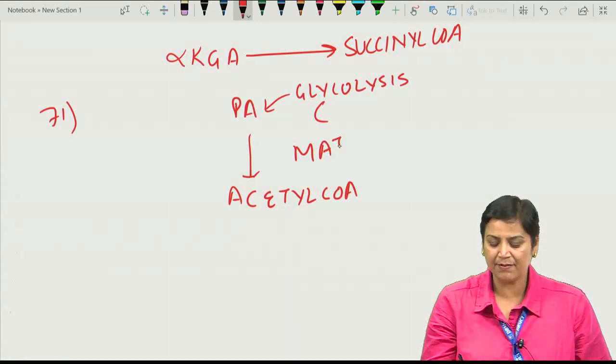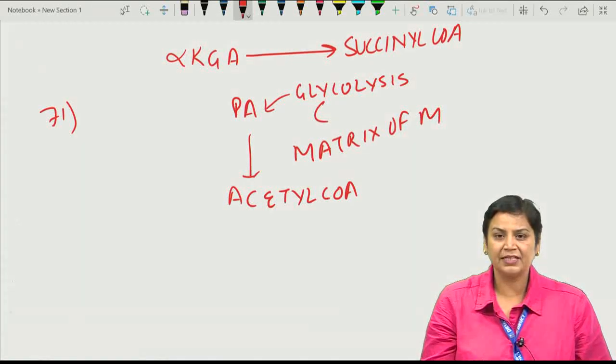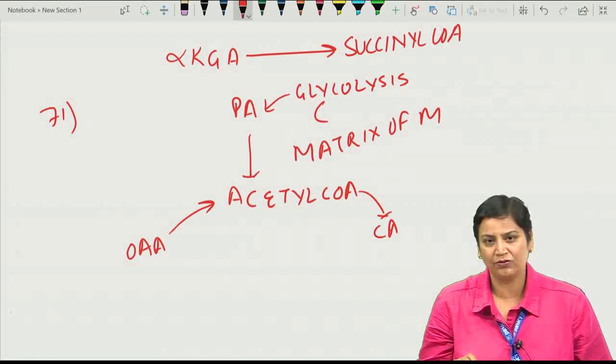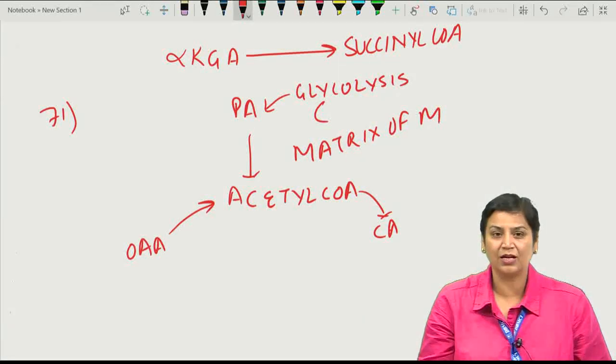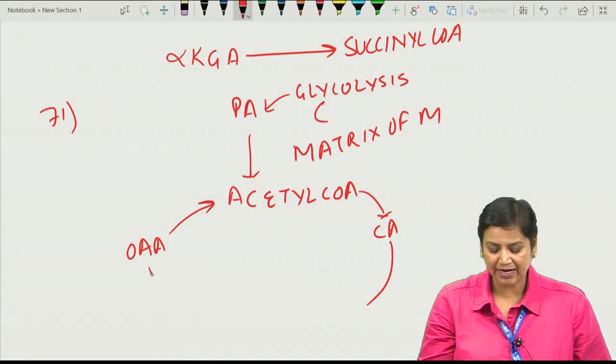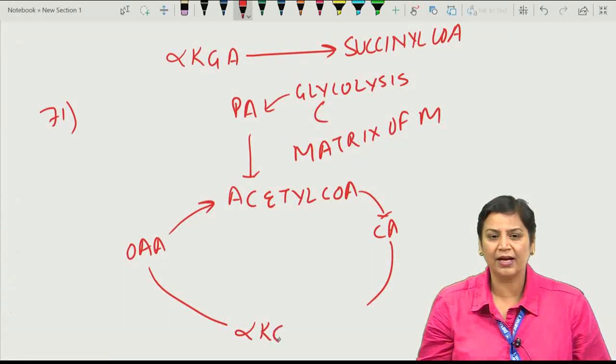This is occurring in the matrix of mitochondria. This acetyl coenzyme A condenses with oxaloacetate to form citrate. So automatically the first option is waved off. Pyruvate never condenses with oxaloacetate to form citric acid.